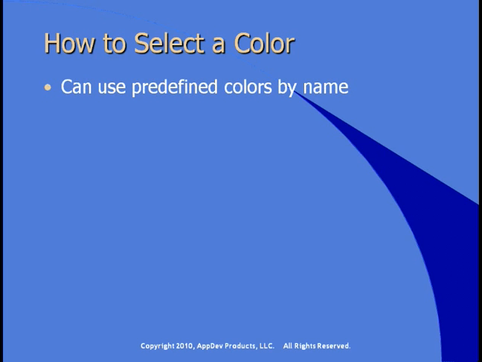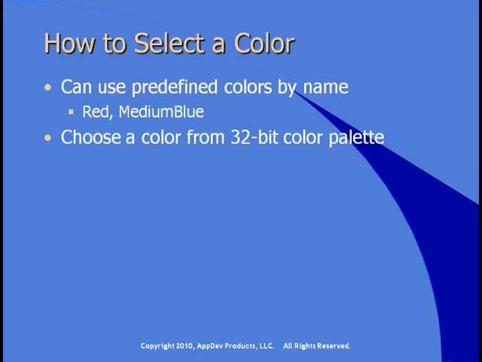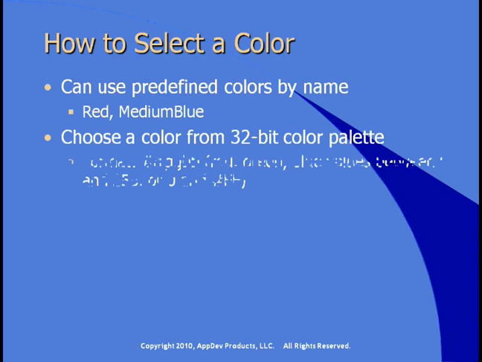You can use predefined colors by name. You can specify red or medium blue, and the rendering engine will know what you're talking about. You can choose a color from a 32-bit color palette, and there are a number of different ways to do this. You can use either this format, which is hashmark RRGGBB, where RR is a red value, GG represents a green value, and BB represents a blue value between 0 and 255, or in hex, between 0 and FF.